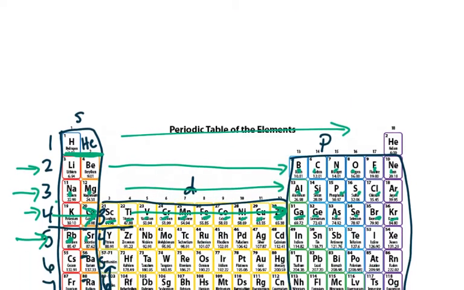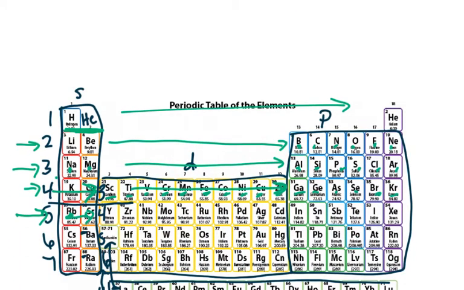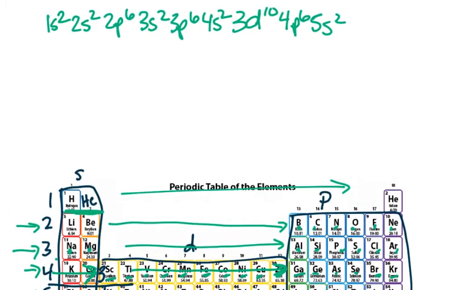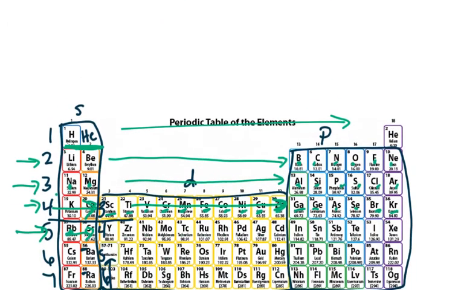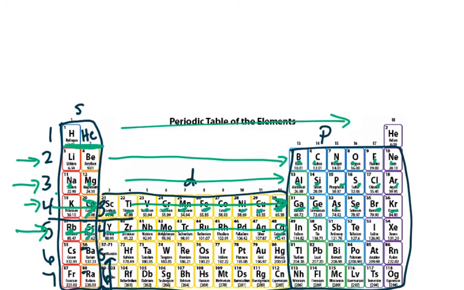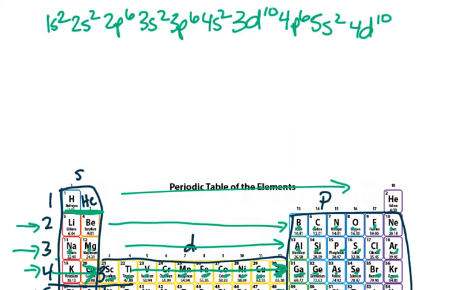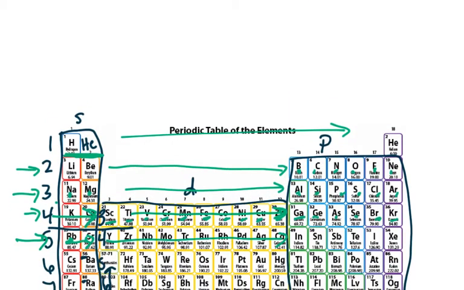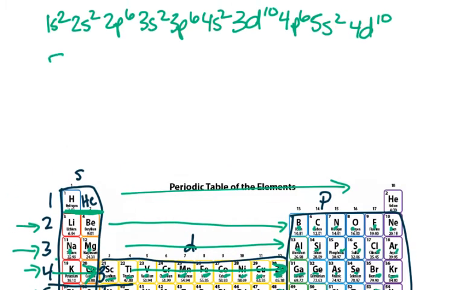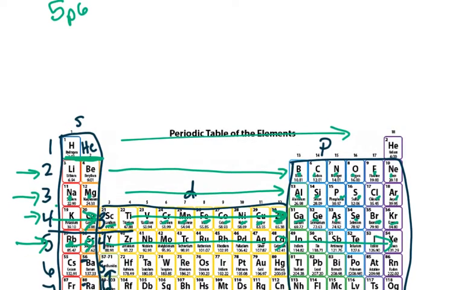So 5s2, and then I'm going across into 4d. And I'm going all the way across 4d, so that's 4d10. And then I'm going into 5p and going all the way across, so that's 5p6.